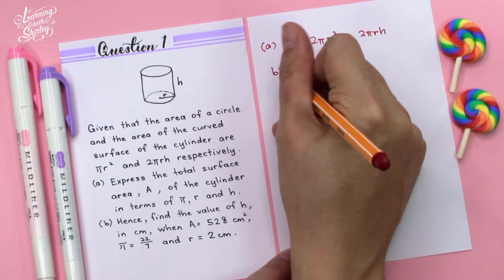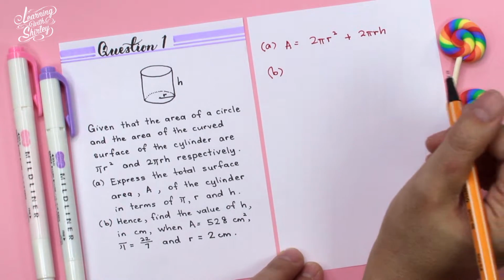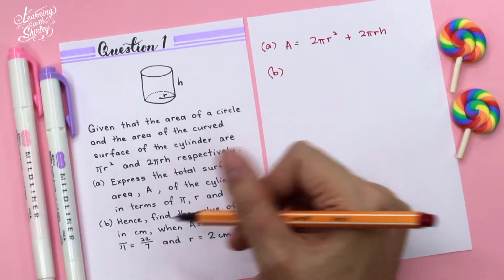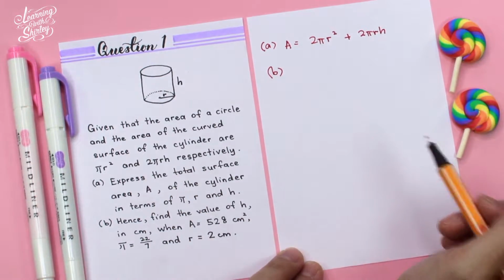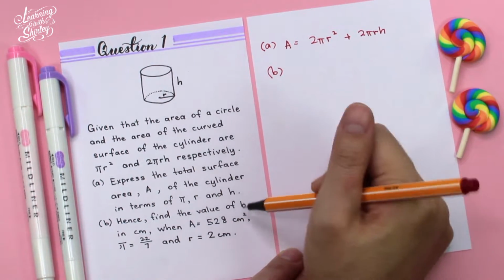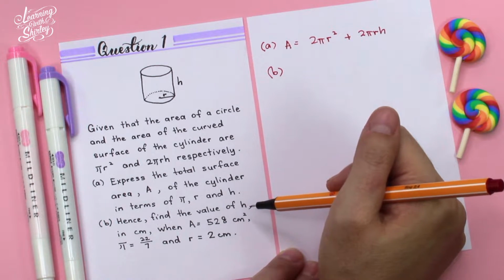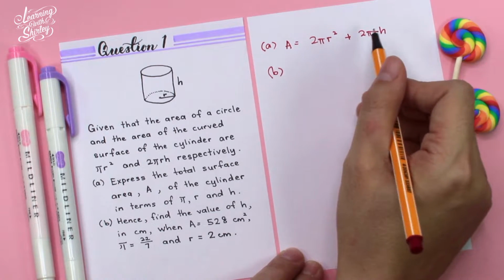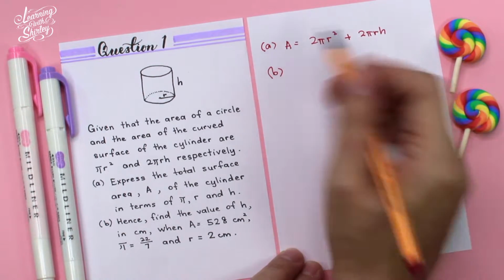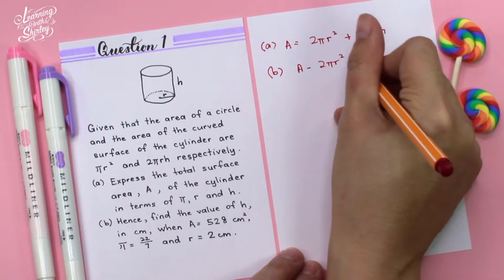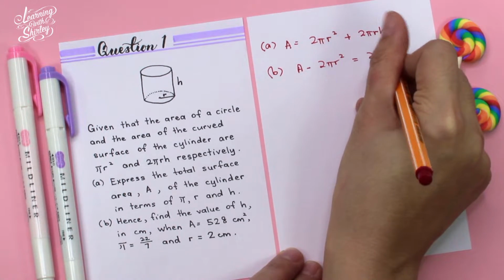And then B, hence find the value of h in cm, and it's given the values of A, pi and r. For here, we have to find the value of h, which means that we have to make h the subject on the left hand side. So from here, we move this over to the left hand side, so A minus 2 pi r square equals 2 pi r h.